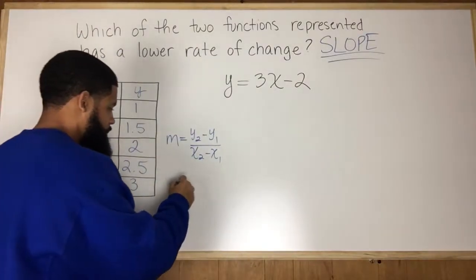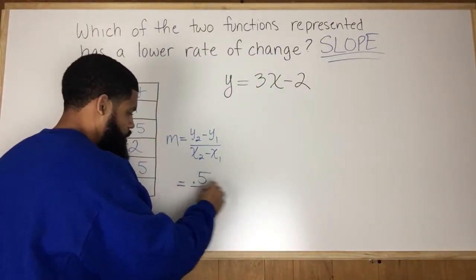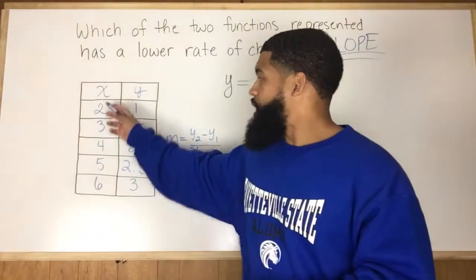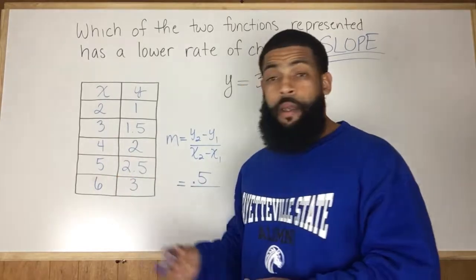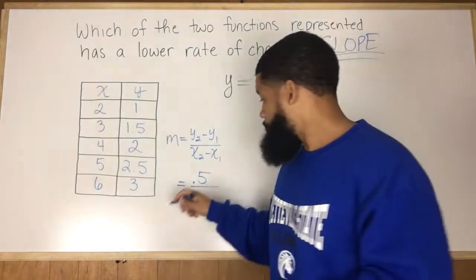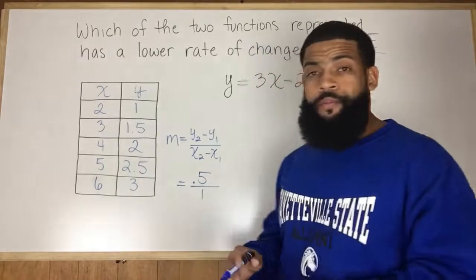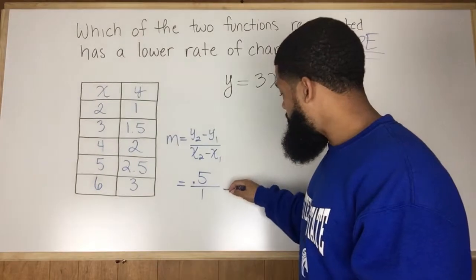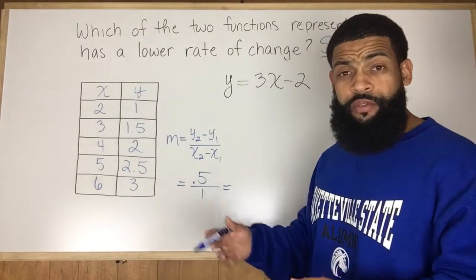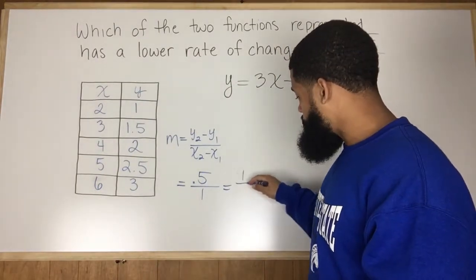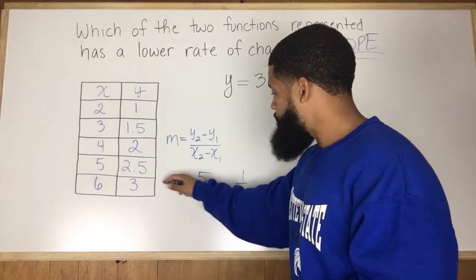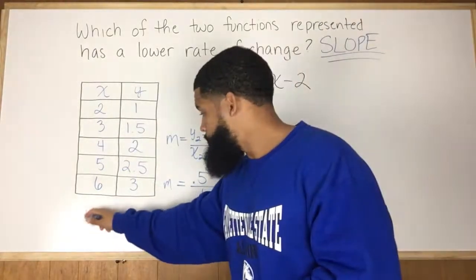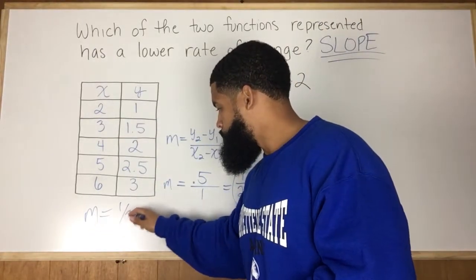We'll use a decimal for the sake of the way the numbers are written. The x coordinates are increasing in increments of 1. If we simplify this fraction by dividing both by 0.5, we get 1 over 2. So our rate of change, or slope, for this function is M equals 1/2.